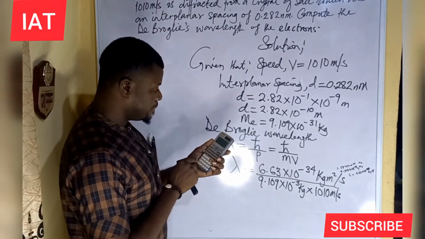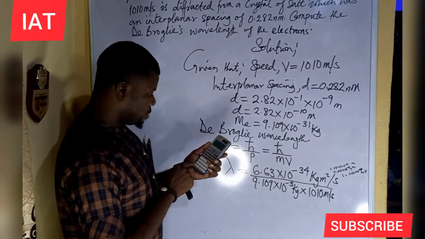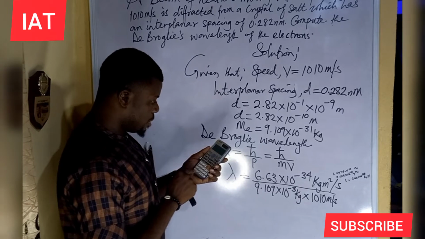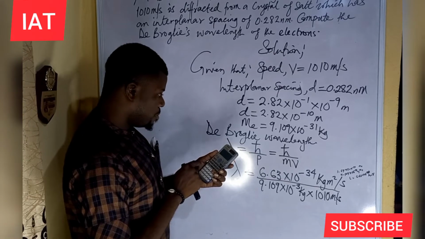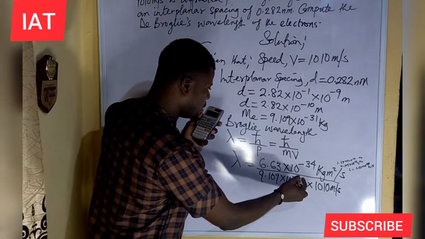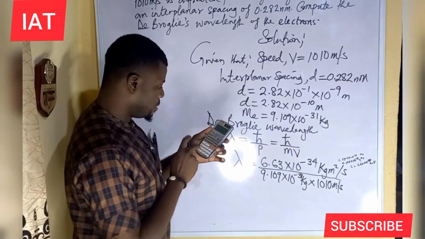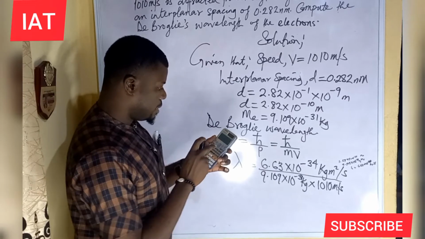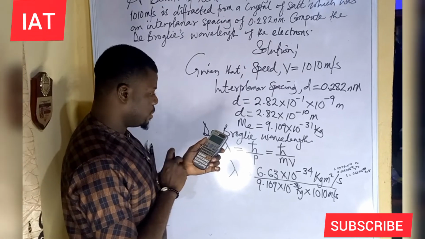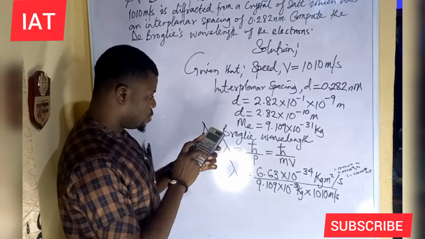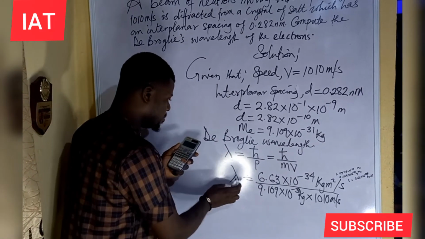This would be divided by the product of 9.109 multiplied by 10 to the power of minus 31, and this will also be multiplied by 1010. Then we press the equal sign to get the value of our lambda.